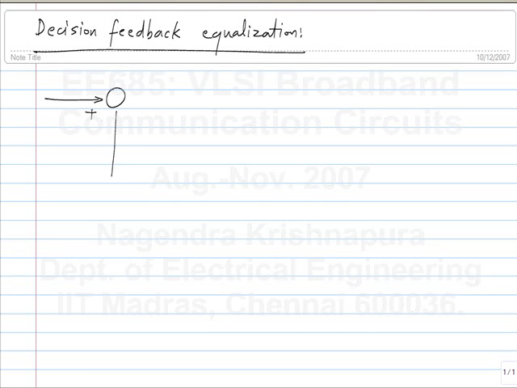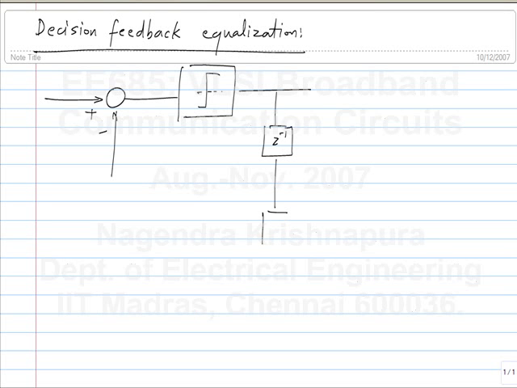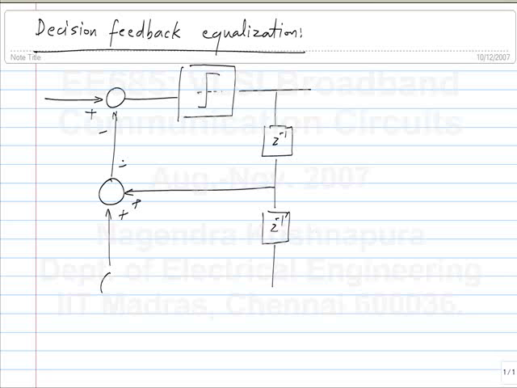Again, the system consists of essentially an FIR filter with a slicer or a limiter in the feedback path. Okay. So you can have as many taps as you wish.